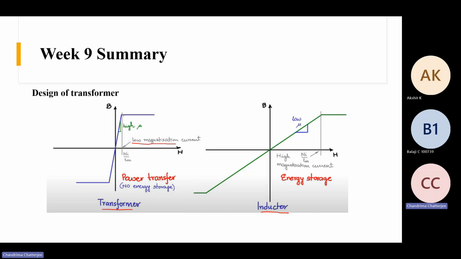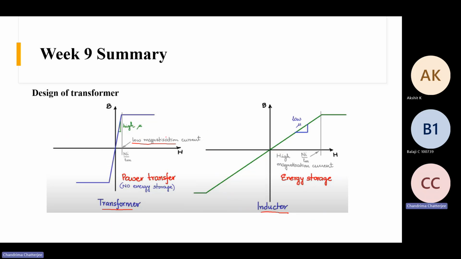So we need to restrict this magnetization current to a very low value. Here you have to make this slope high so that you require very low magnetization current to reach your required Bmax. You will have to choose the slope accordingly. The mu value has to be high for that.